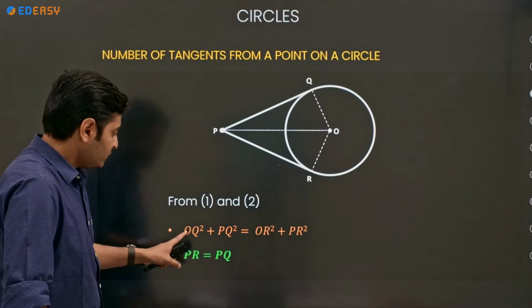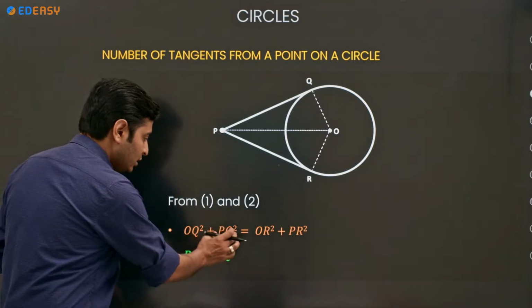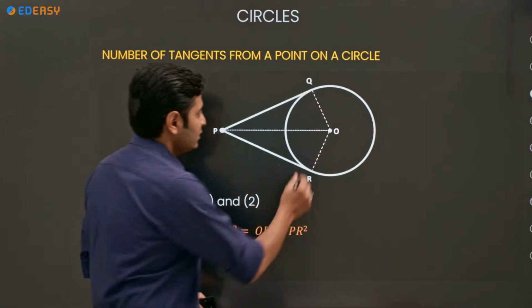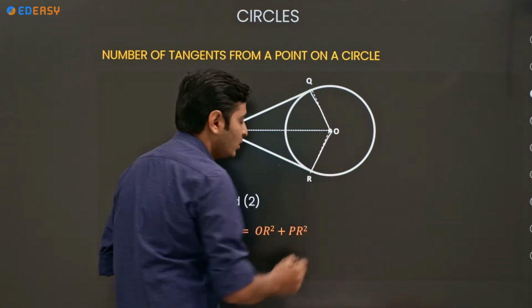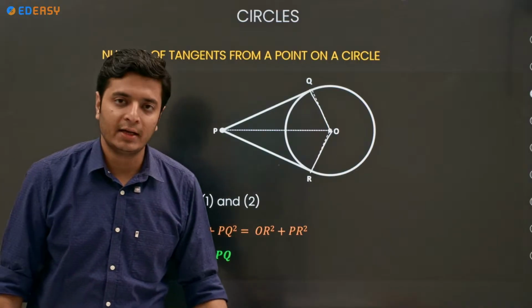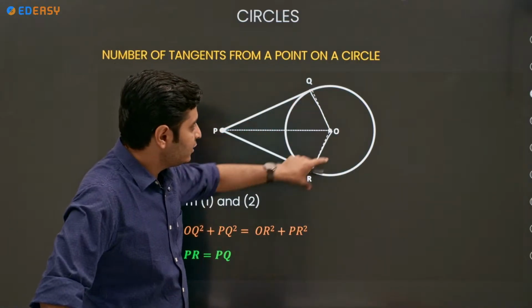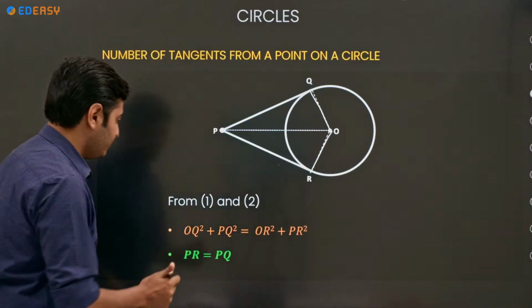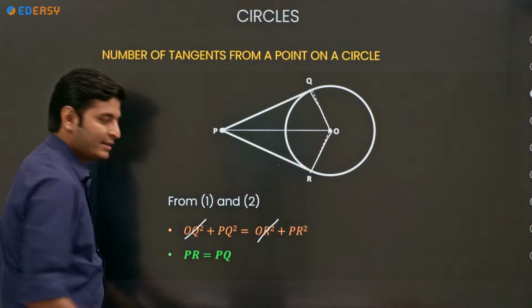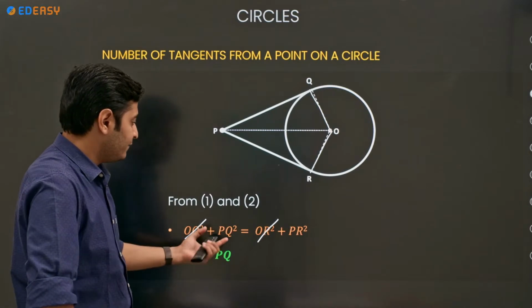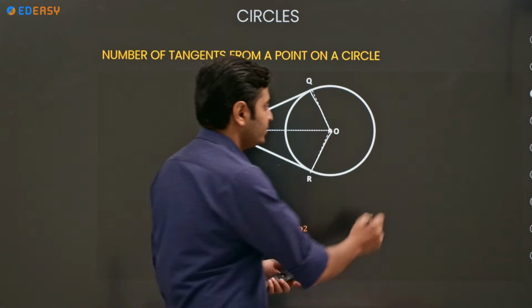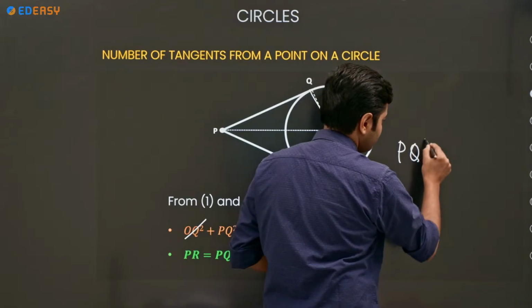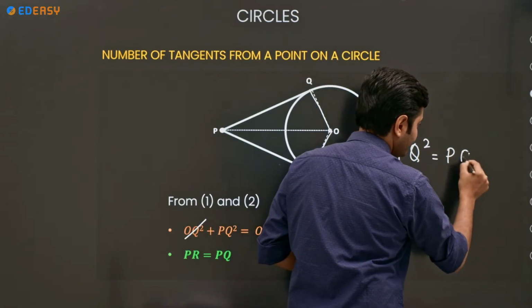Now in OQ square plus PQ square, you can see that OQ square and OR square are equal. Why are they equal? Because they are radii of the same circle and we are just squaring the values. So if they are equal, we can cancel them. Now we are left with PQ square equals PR square.